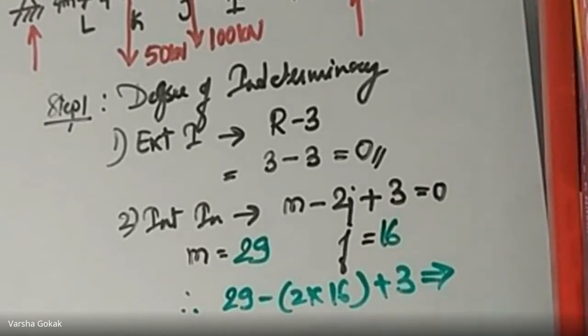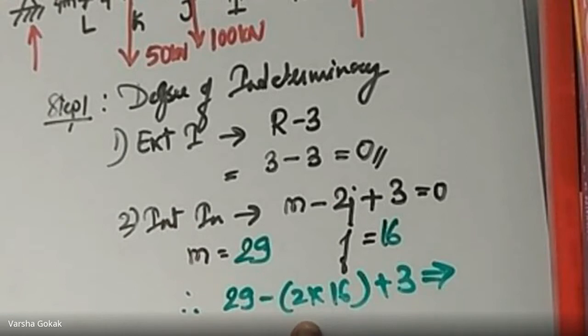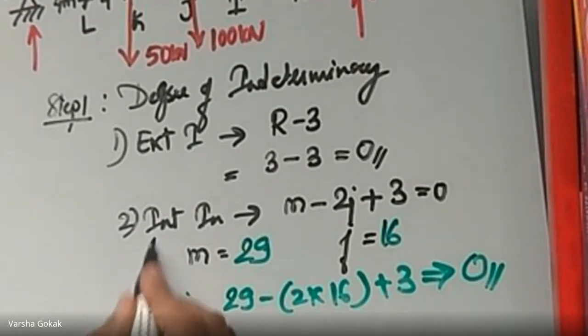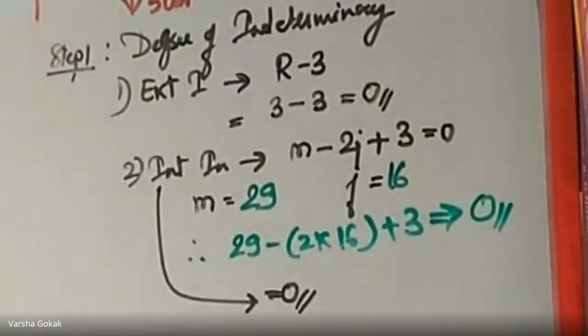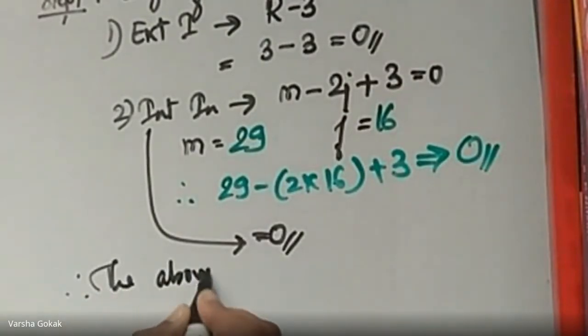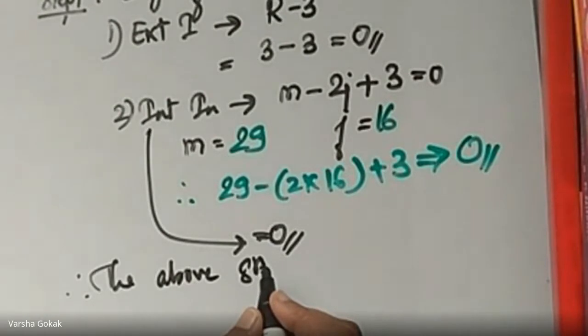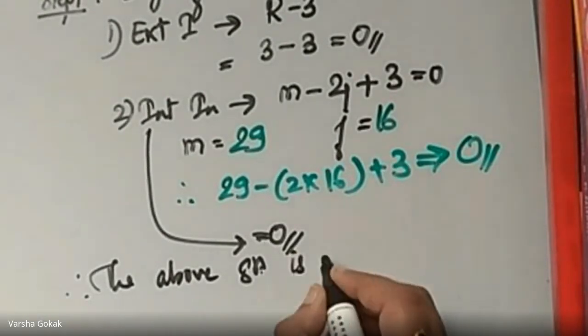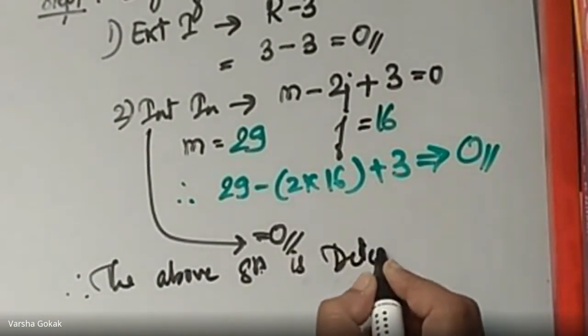What is this value? 0. Yes. So your internal indeterminacy also is equal to 0. External and internal indeterminacy is 0. Therefore, the above structure is determinate.